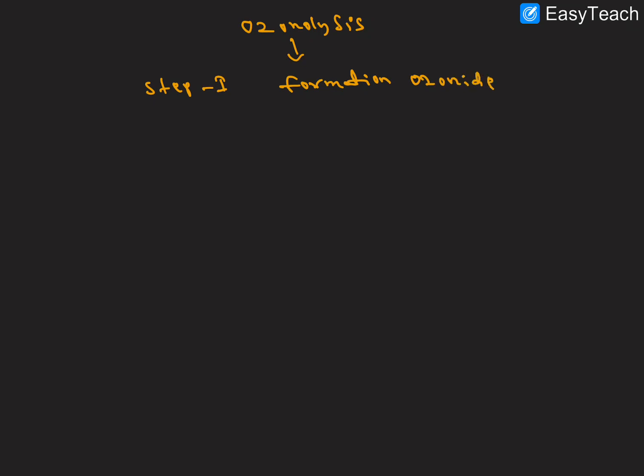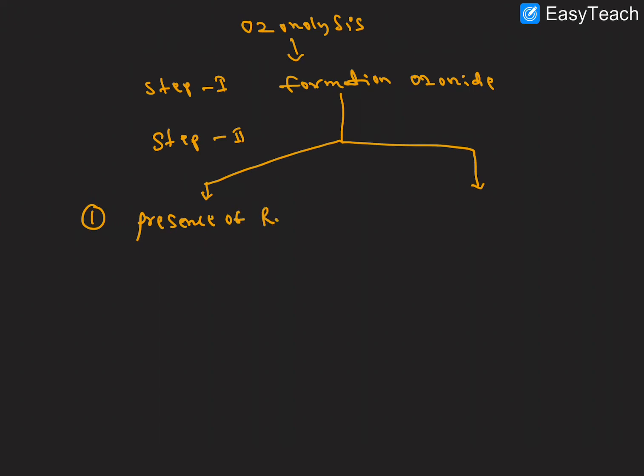Then step 2, after formation of the ozonide, using a reducing agent or an oxidizing agent. The first is step 2 in the presence of a reducing agent, and the next one is in the absence of a reducing agent, right? What resultant product is forming here?